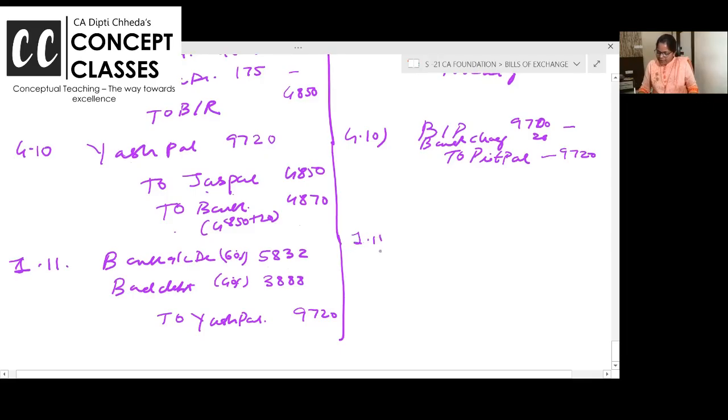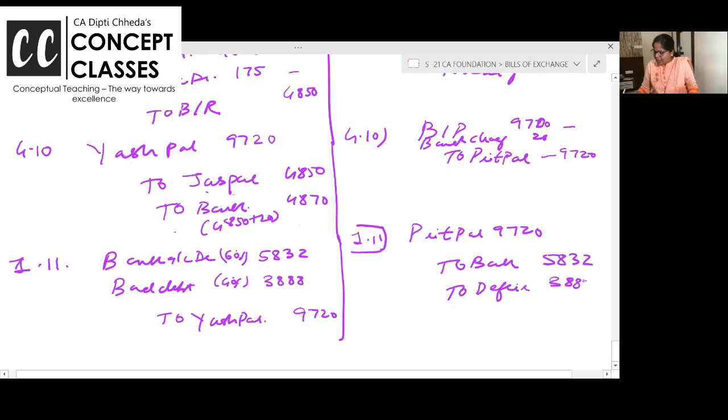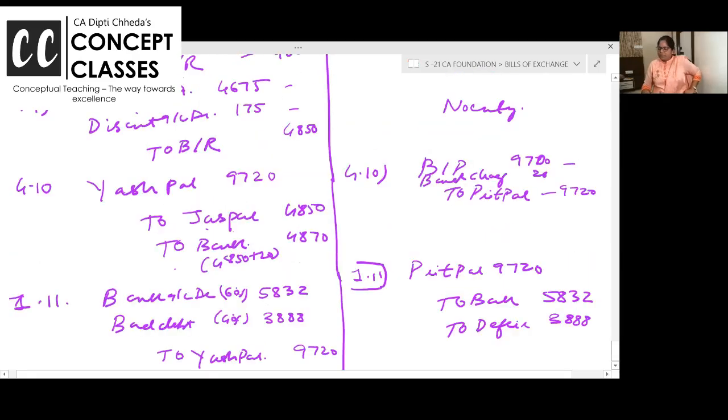And now on 1/11 he is paying. Pritpal account debit 9720 to bank 5832 to deficiency account 3888. Done. I told you only 3 entries will come here.